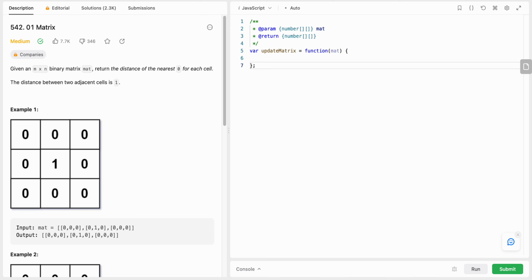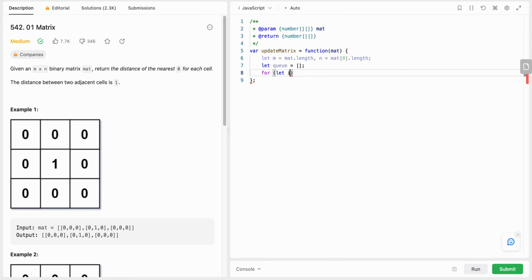So now let's try to code our solution. So let m equals mat.length, n equals mat[0].length, and now we are going to iterate over. Okay, let us also create our queue where we are going to store all the indices of zeros.